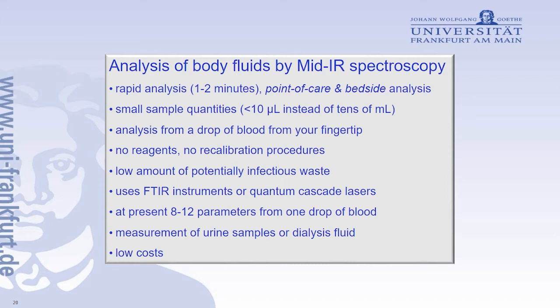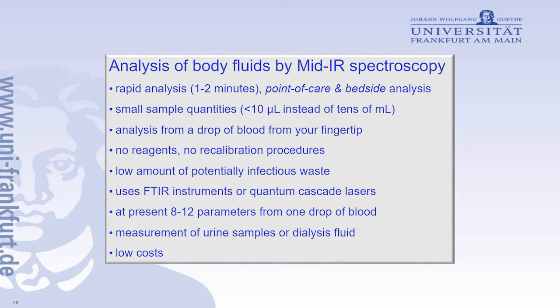The sample quantities are very low, so we end up with a drop of blood, for example, from your fingertip. This method does not require any reagents. It does not require a recalibration procedure because of reagent change. And the amount of potential infectious waste is extremely low, namely a Q-tip to wipe clean the interface.